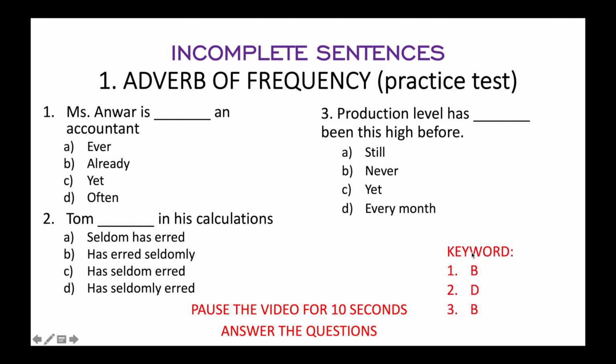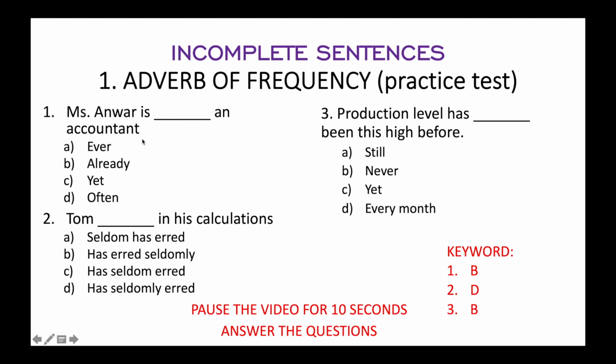So here are the keywords. Did you answer all in a correct way? Okay, some would be correct, some would have the wrong answers. Take a look at the first question over here.